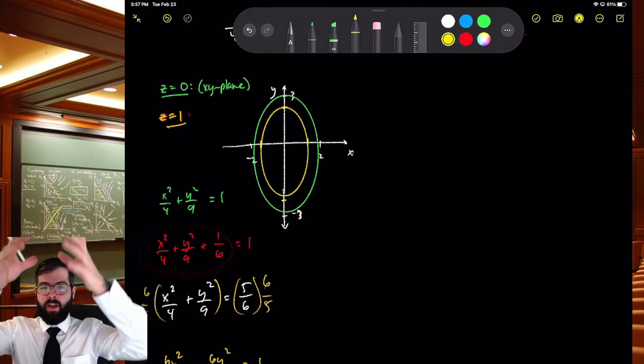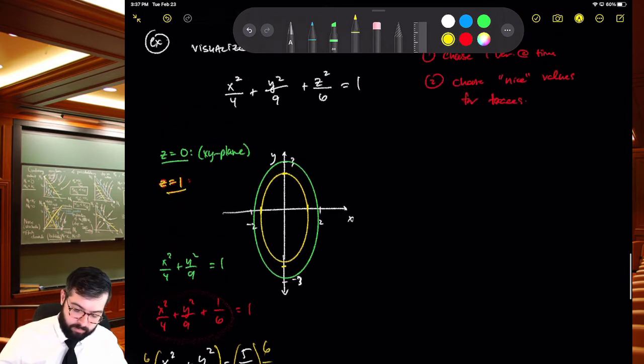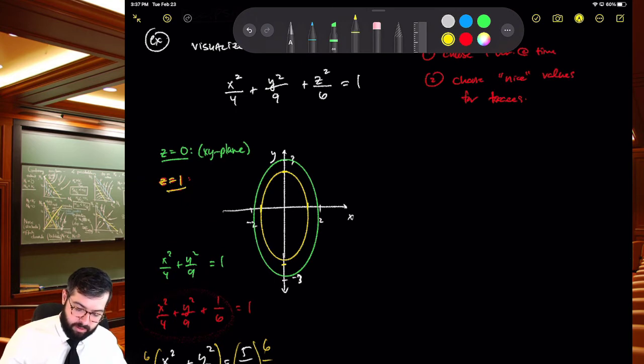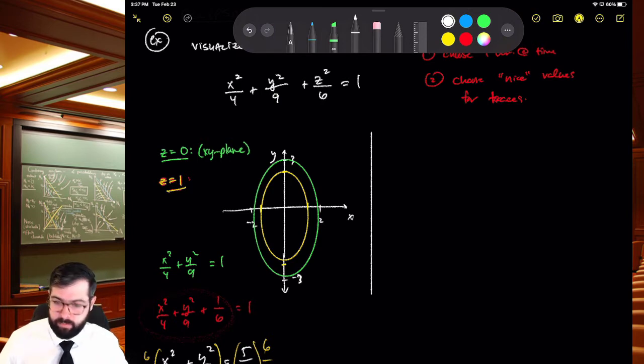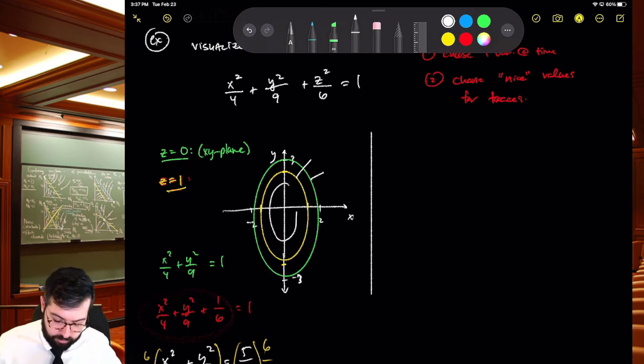This continues up and in the negative direction as well. If you continue this in the other planes, again, you're kind of reading this like a contour map. This green is the ground level. This yellow is one floor up. And as you increase z by 1, you'll see that this will continue happening, something like this.